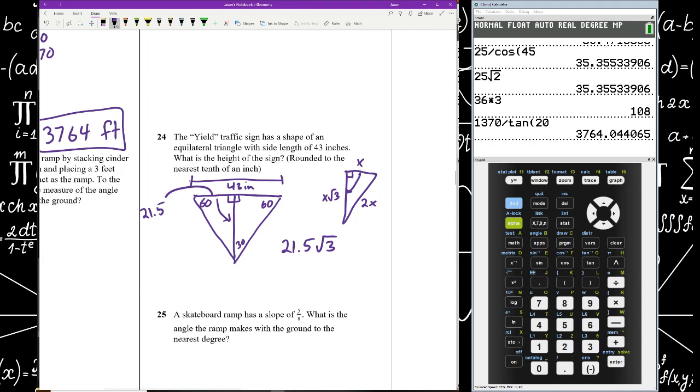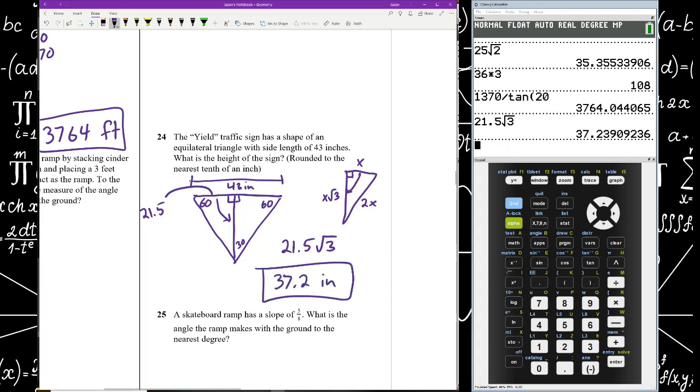There's still one extra part to this. It says it wants the answer rounded to the nearest tenth. So 21.5 square root 3 is not rounded to the nearest tenth. So what we do is we plug this in the calculator, and we get a final answer of 37.2 inches. And there's your final answer.